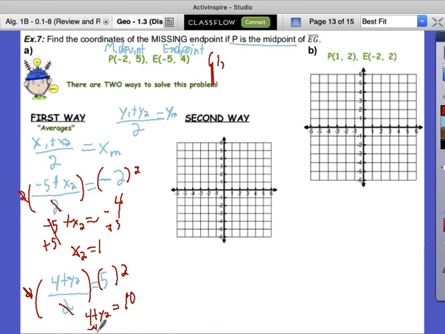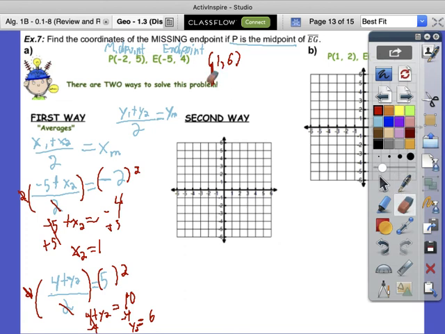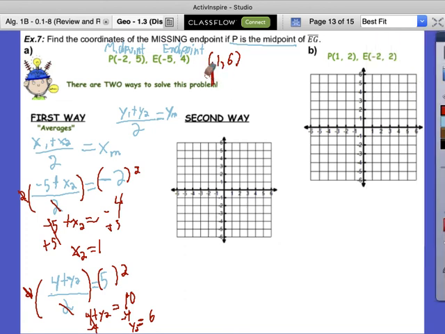Subtract 4 from both sides to get y by itself. My y2 is 6. So my other endpoint ends up being 1 comma 6.